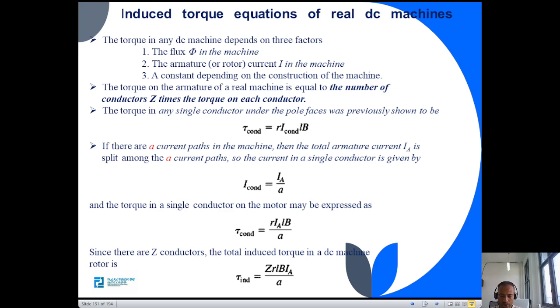Now to formulate the torque equation, the torque on a real DC machine is equal to the number of conductors times the torque on each conductor.